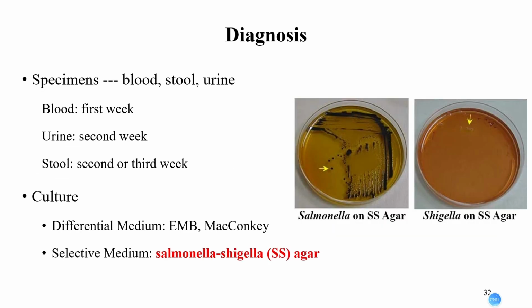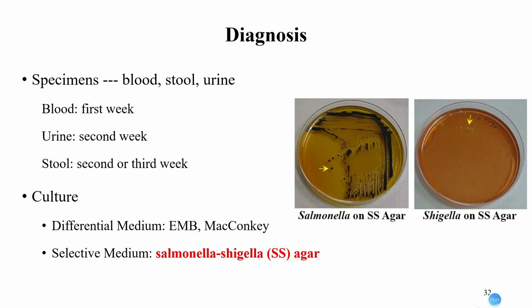And okay, for diagnosis, specimen, that's easy to understand. We can collect the stool, the urine. You can also collect the blood because it causes bacteremia, where Salmonella can get into our bloodstream.